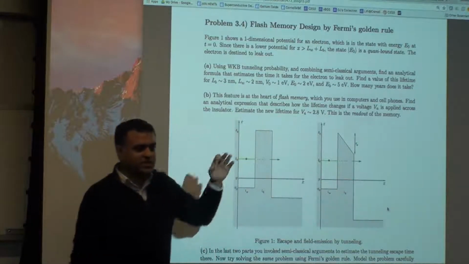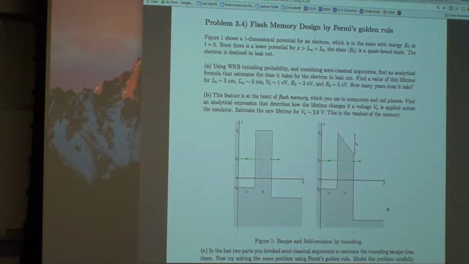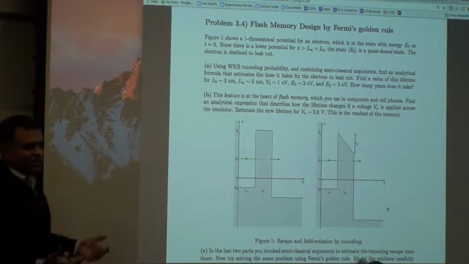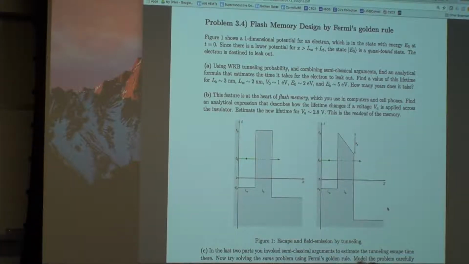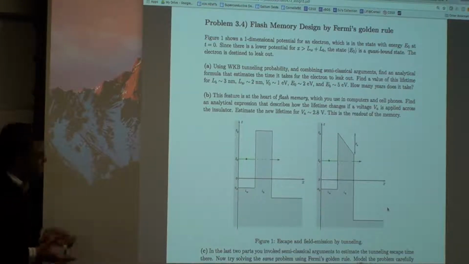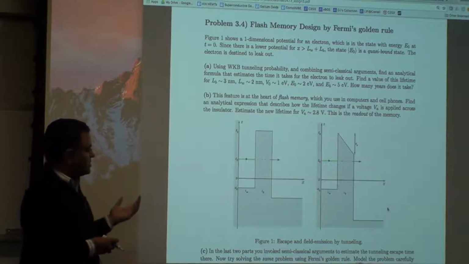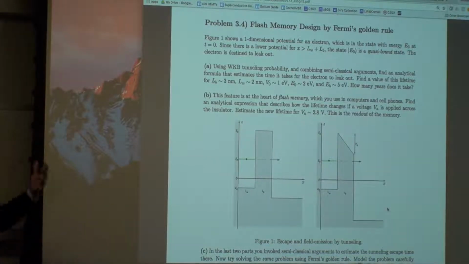This is the basis for flash memory today, which really revolutionized all the handheld devices, cell phones, because you have low energy consumption and high density memory, which was not possible earlier with magnetic hard drives. This sort of device made a lot of this possible.